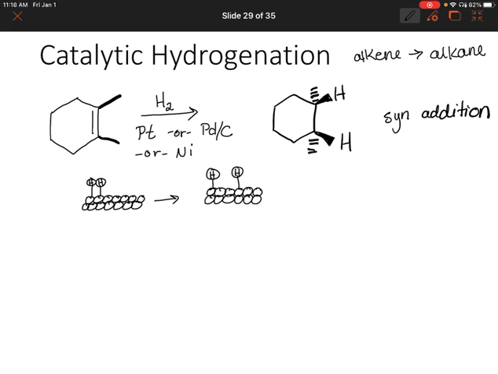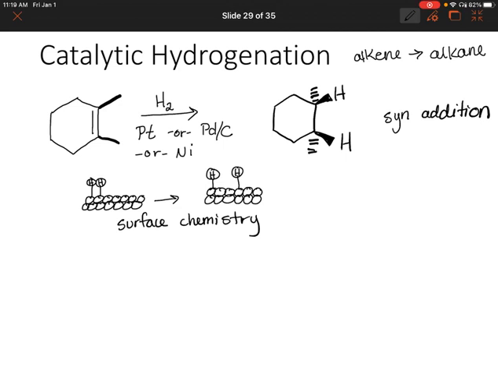Now, the reason that syn addition occurs and not anti-addition is because of the surface chemistry that's going on. So you can imagine as an alkene kind of comes in to that surface with the hydrogens on it, the hydrogens can really only add to one side.